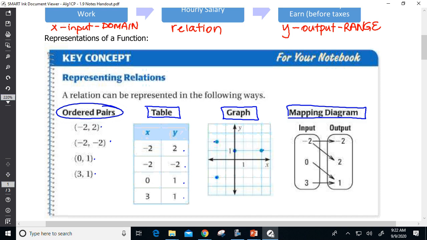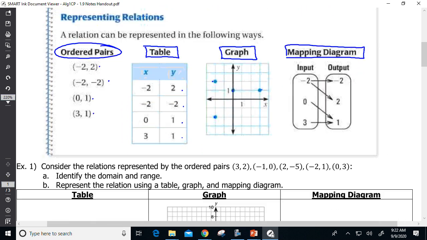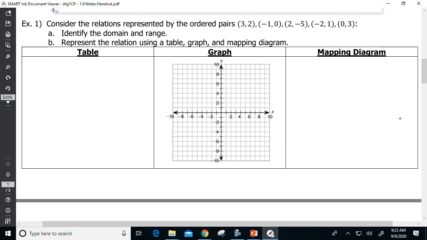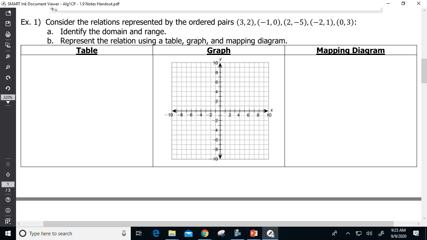So let's take an example and model this relationship. Very similar to what you'll be doing in homework, mini quiz, your quiz this weekend, etc. Alright, consider the relationship represented by the ordered pairs (3, 2), (-1, 0), (2, -5), (-2, 1), (0, 3).